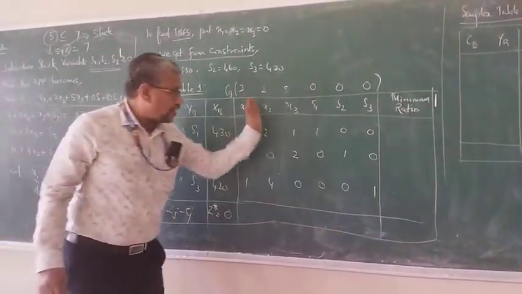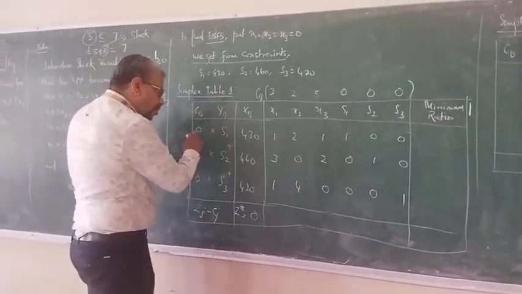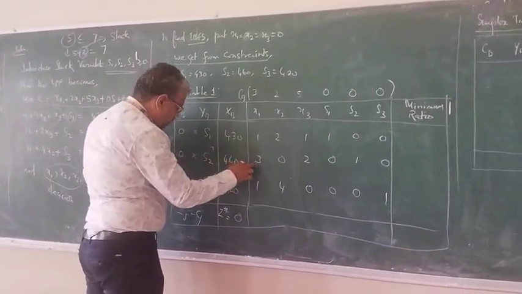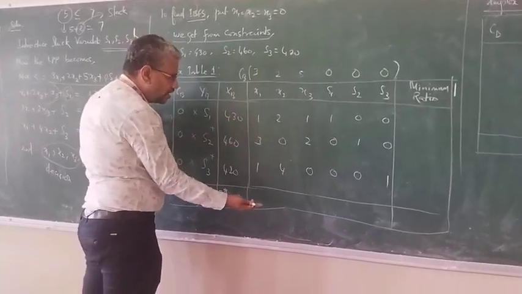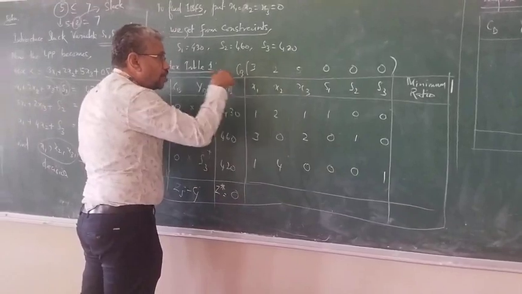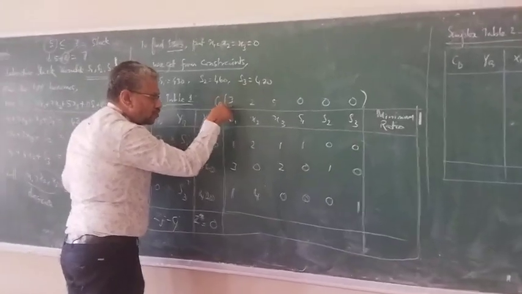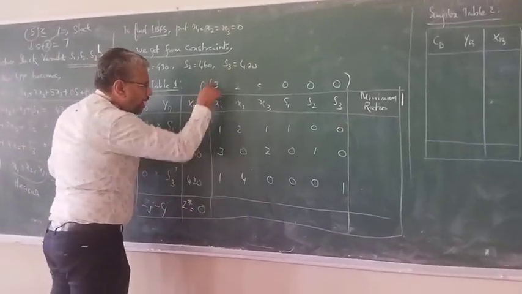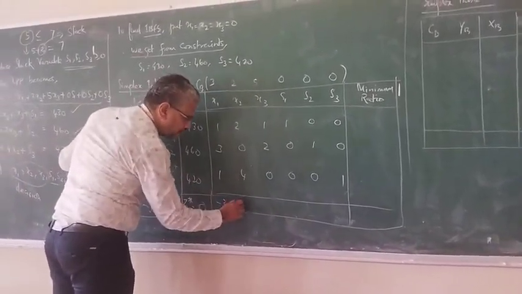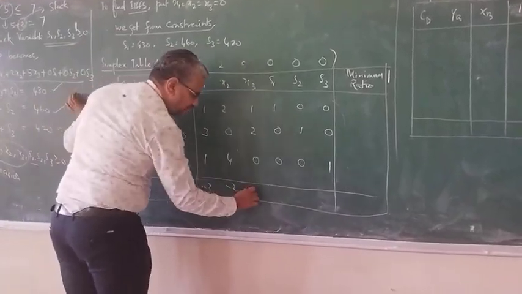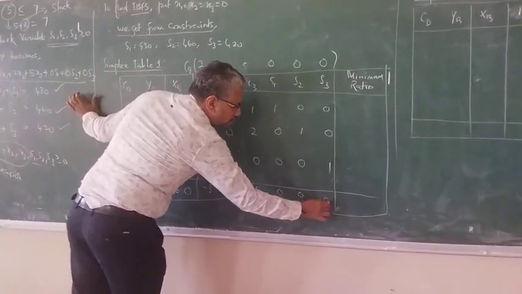Similarly, for each and every column: 0 into 1 is 0, 0 into 3 is 0, 0 into 1 is 0. Add all the zeros, you get 0. 0 minus 3, because the cost in the first column is 3, equals minus 3. Similarly, 0 minus 2 equals minus 2, and 0 minus 5 equals minus 5. Then 0 minus 0 is 0, for each of the slack columns.